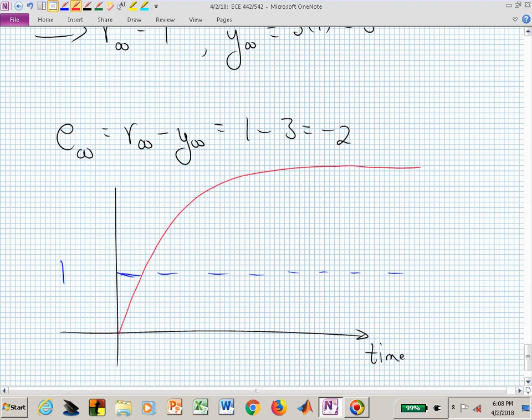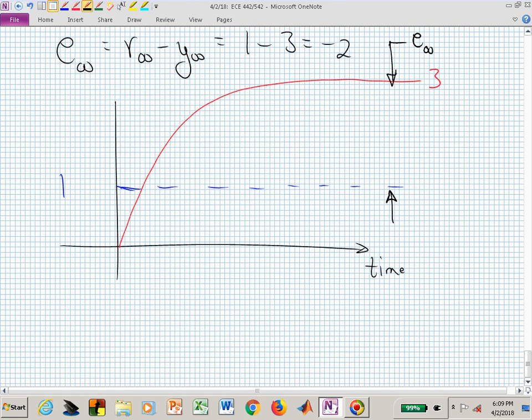And it went up to 3. Our steady state error is right there. The difference between where we wanted to go, a value of 1, and where we actually went, 3. And you may or may not be okay with that steady state error. That's something that you might have to trade off.